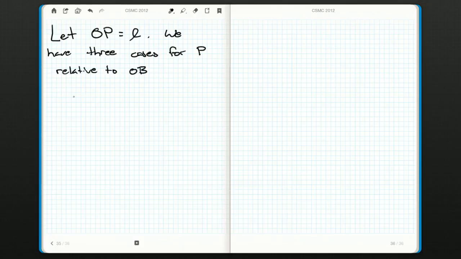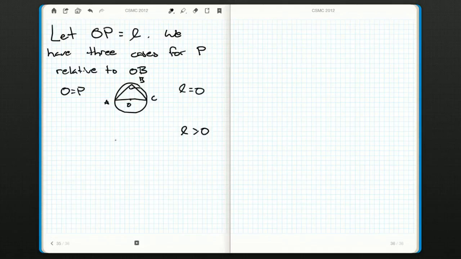So we have 3 cases. We can have O equal P, in which case we're going to have AC as a diameter. And I'll use a right angle triangle here. And that'll mean L is equal to 0. We can have L be positive, which is the picture we have already. Sorry, I'm already drawing the L negative one. That's my mistake.